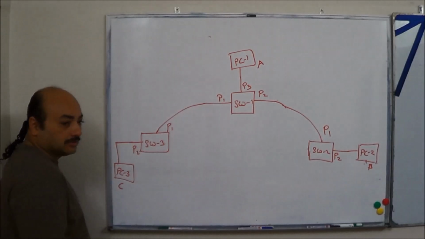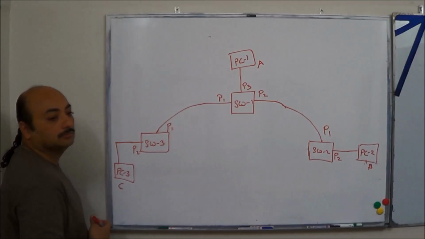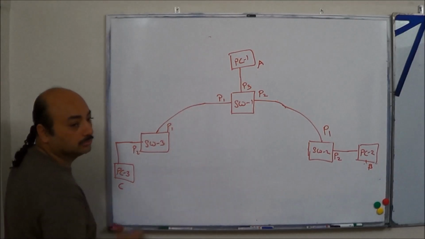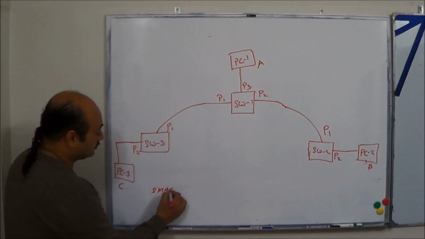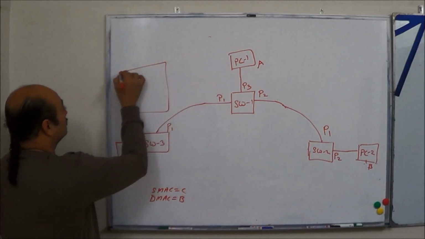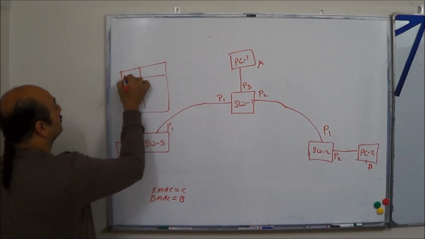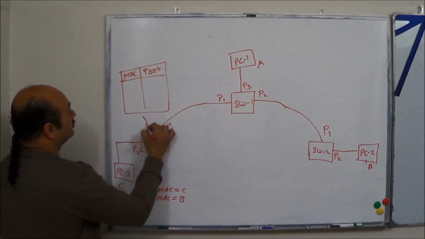Right. Now let's walk through what happens if PC3 wants to send something to PC2. Source MAC C, destination MAC B. What is this? The MAC table for Switch 3.